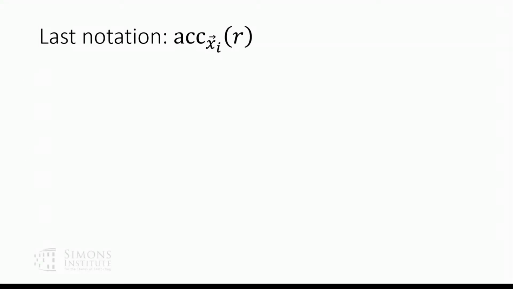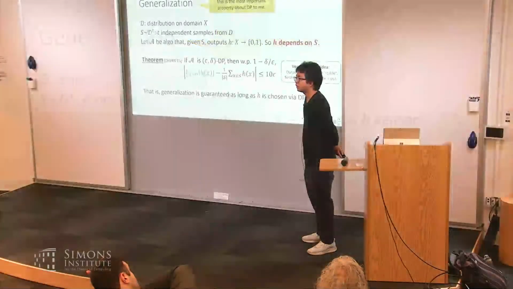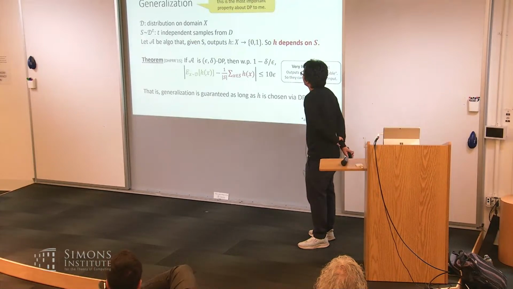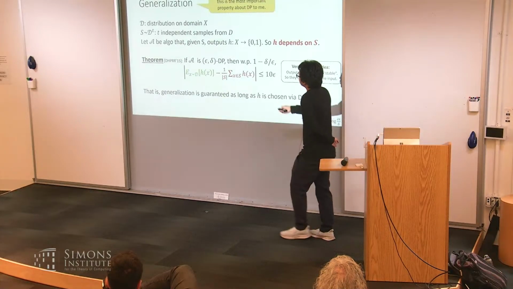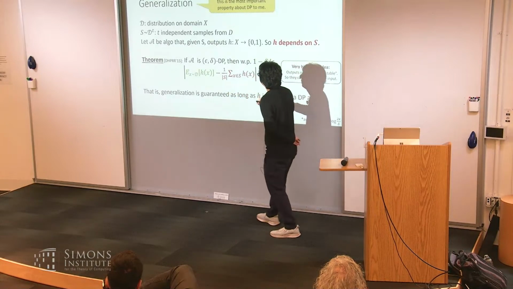Actually, just a stupid question. If H depends on the sample, how do you define the first expectation? Because it should depend on the whole sequence. Like the expectation in green only has one sample. H is supposed to depend on T samples.